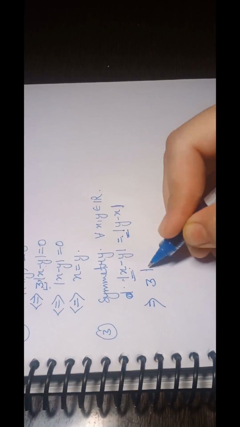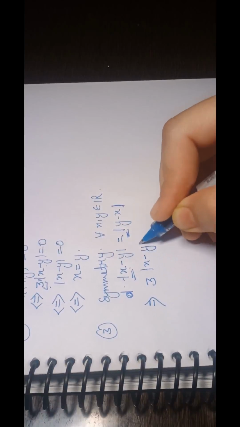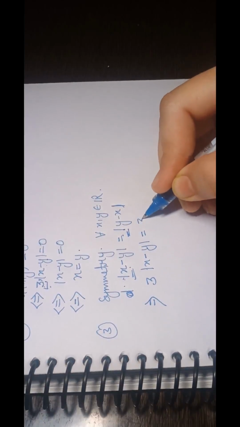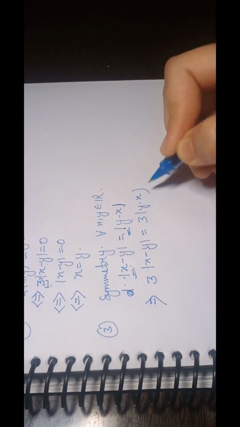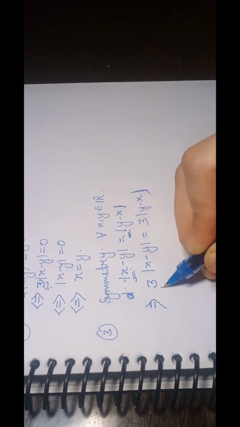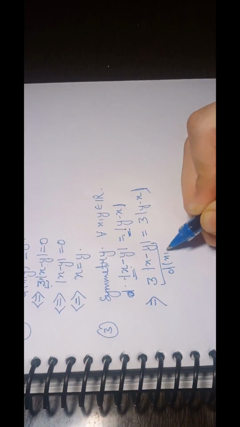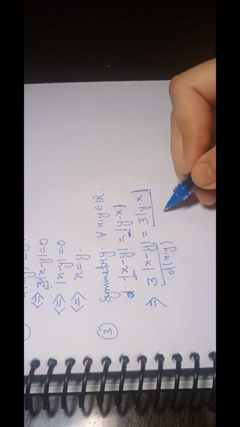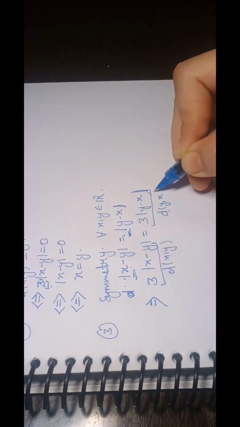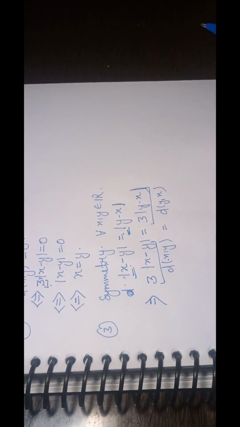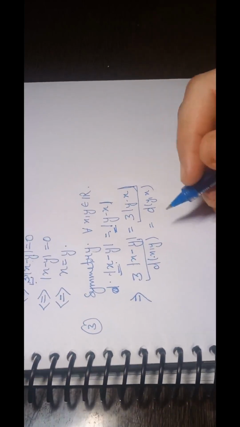So we get 3 times mod of x minus y is equal to 3 times mod of y minus x. This by definition is d of xy, and this by definition is d of yx. Therefore, d of xy turns out to be equal to d of yx.